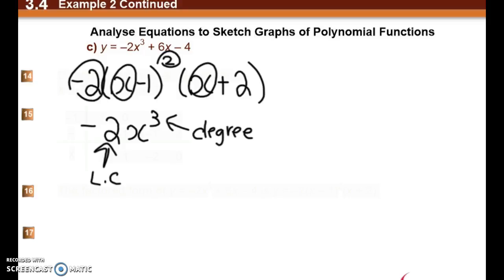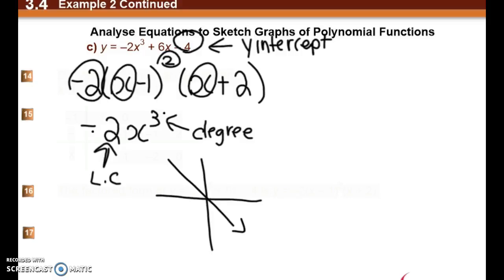And then we can find our y-intercept, remember, by just either looking back at our original equation, so our y-intercept would be minus 4. So maybe the easiest way. Or you can sub in zeros for your x's and solve. You get minus 4. If we wanted to look at end behavior, so we have a negative and an odd power. So a negative and odd is going down the ski slope.